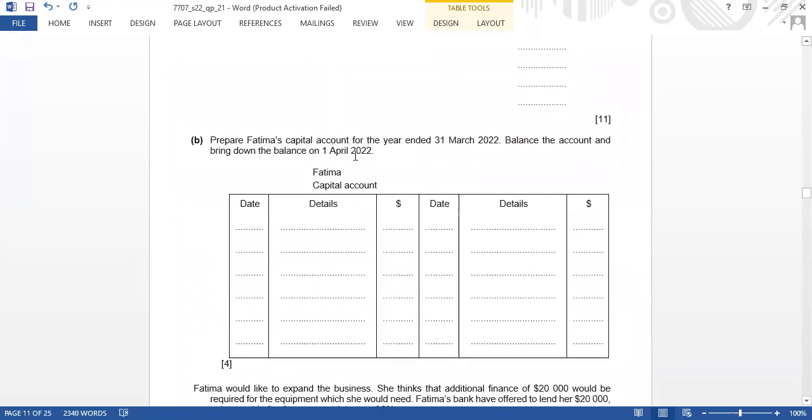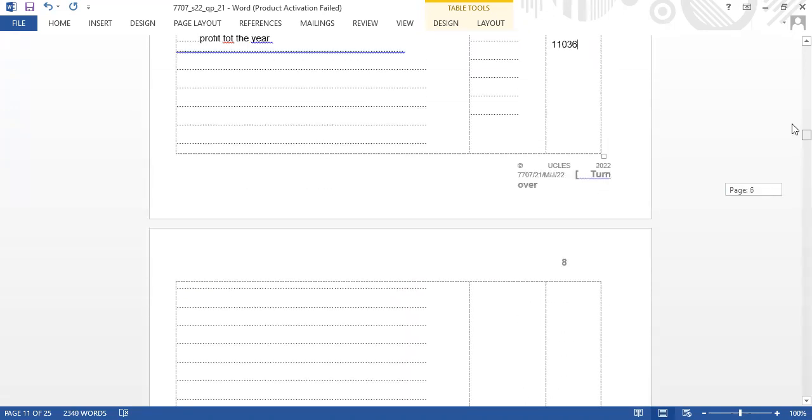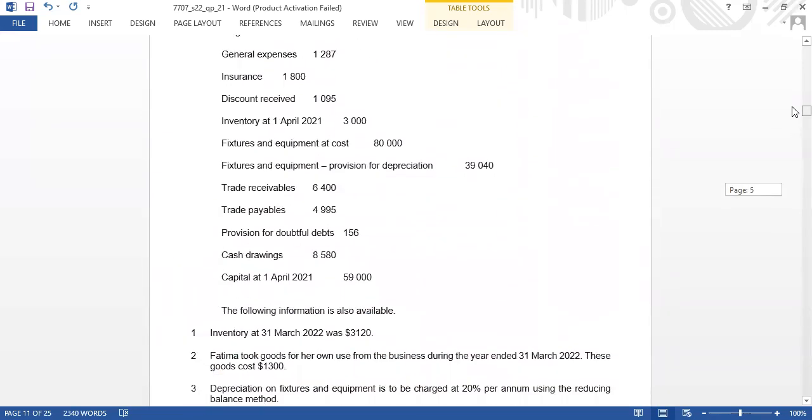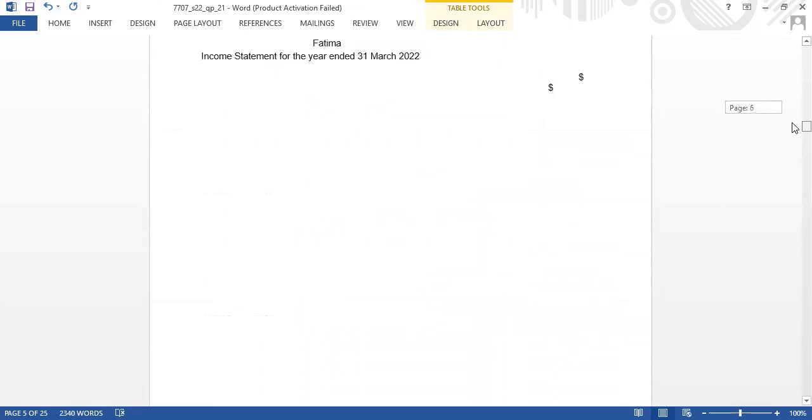Okay, moving towards part B. Prepare Fatma's capital account for the year ended 31st March 2022, balance the account, and bring down the balance on 1st April 2022. So we'll make the capital account of Fatma. It is written that capital at 1st April 2021 was 59,000. We have drawings of cash and drawings of goods and profit for the year as well.